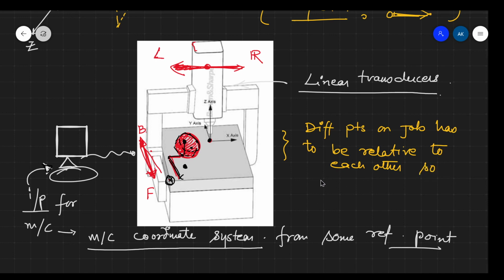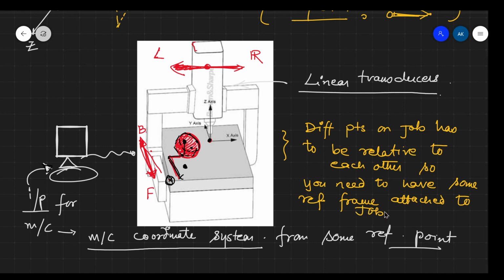So you need to have some reference frame attached to the job, because suppose your machine is telling this is point A and this is point B, and the distance between these 2 points is 10 mm.